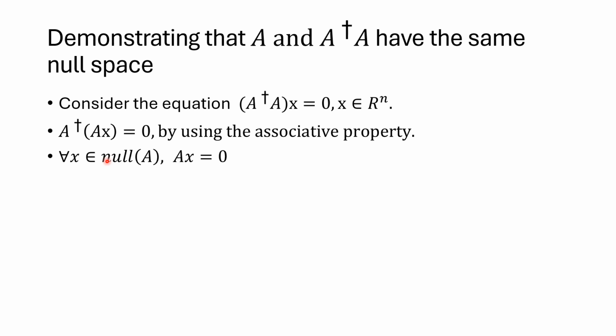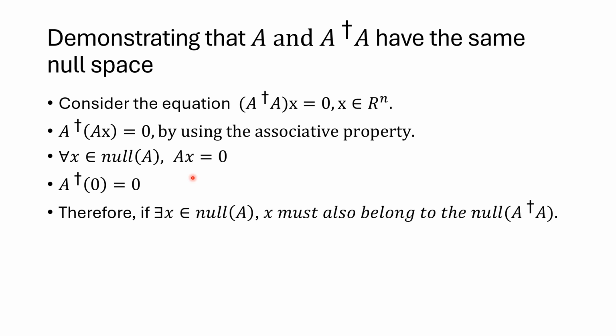This way, what we find is that for all x belonging to the null space of A, Ax is equal to 0. Of course, we know that. However, if Ax is equal to 0, then A transpose multiplied by the 0 vector is equal to 0. Therefore, if there exists an x that belongs to the null space of A, x must also belong to the null space of A transpose A, all right?